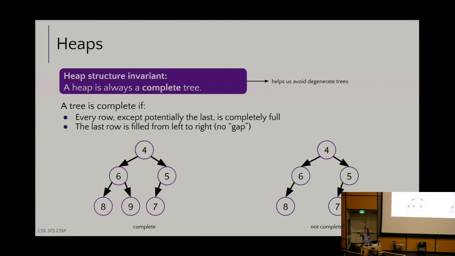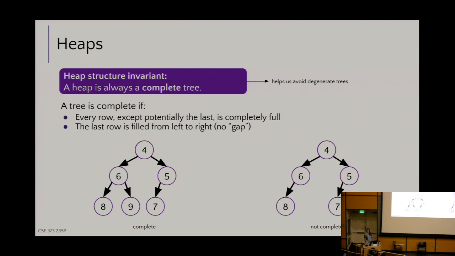The only gap that is allowed to exist in the heap is on the very last row to the extreme right. So the way that a heap fills up is top down, left to right, very like the way you would read English on a page. We fill in the left child first, then the right child. We must fill in all children across a row before we can create a new row.